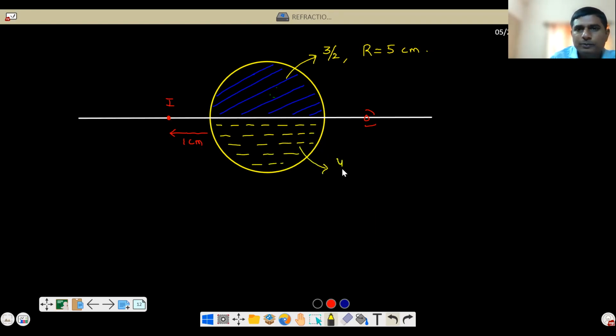The top one is 3/2, the bottom one is 4/3, and here there is an object, which is at a distance of 1 centimeter.